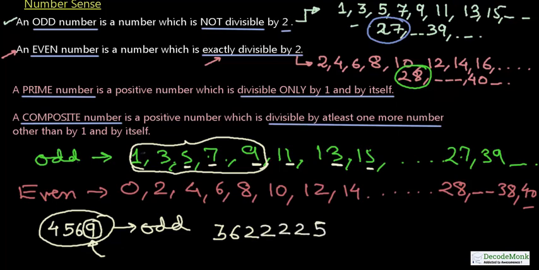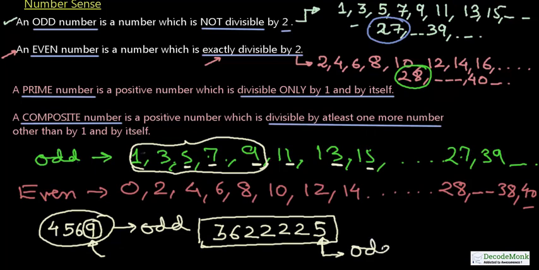Now this is a very big number, and if you are asked whether this is odd or even, you need not divide this by 2 and check. You just look into the unit place, and if it is 1, 3, 5, 7 or 9, that number is an odd number. So this thing you have to remember for odd numbers.